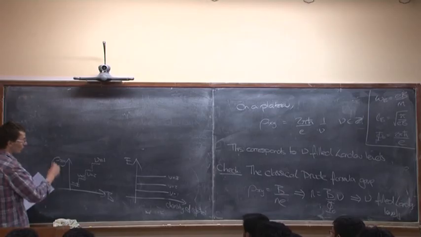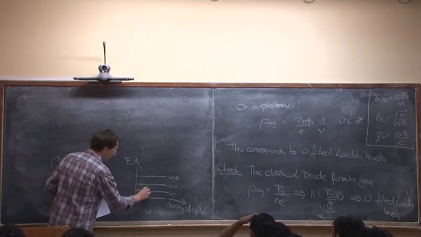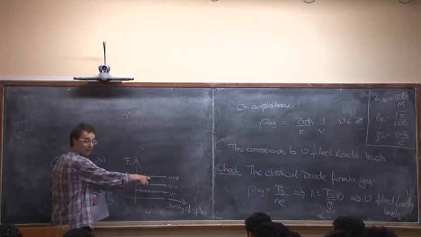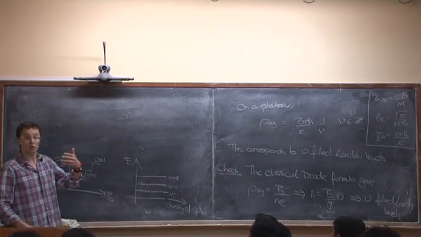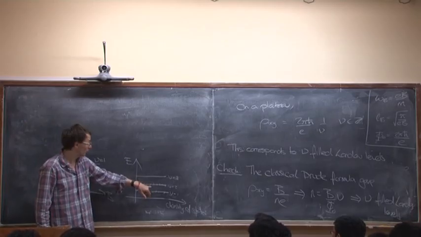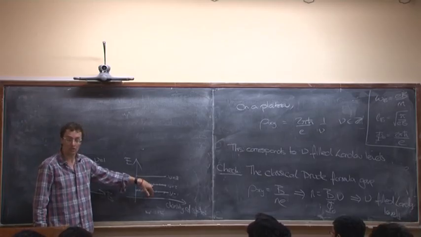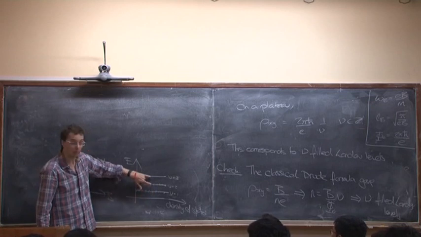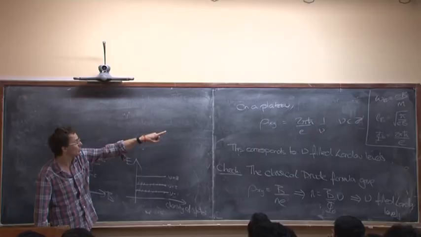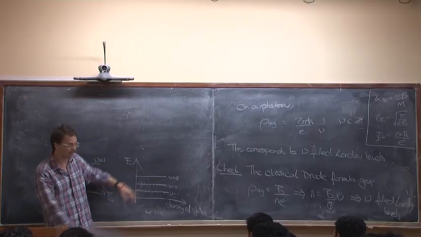And what's more, if you fill exactly nu Landau levels, so you filled all of these, but you haven't filled any of these, then this is what we would call in condensed matter physics an insulator. Because if you want to add one more electron, or excite one of these electrons into a new state, it's going to cost you some energy. And the energy is going to be h bar times omega B, where omega B is the cyclotron frequency.